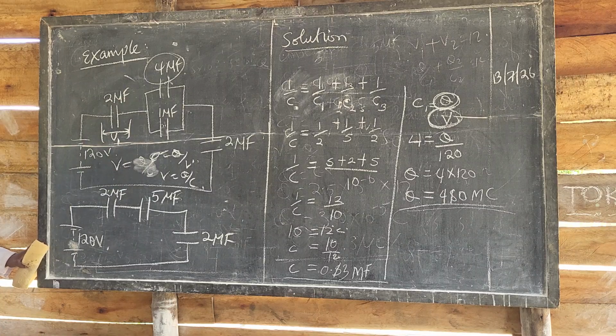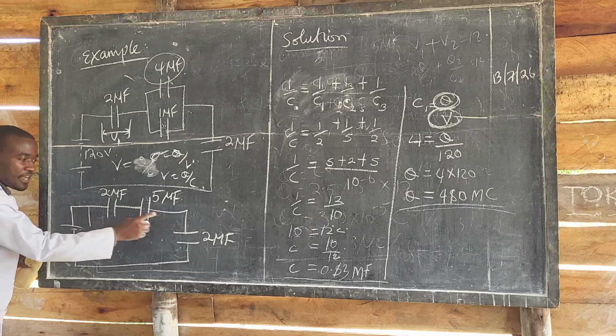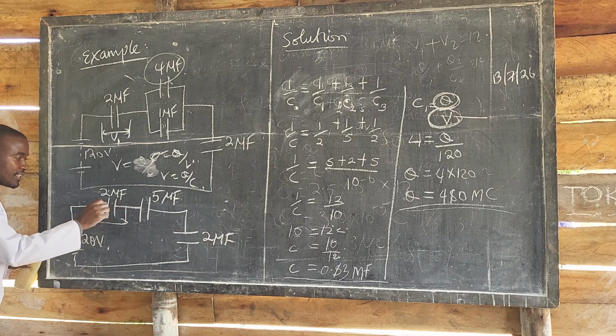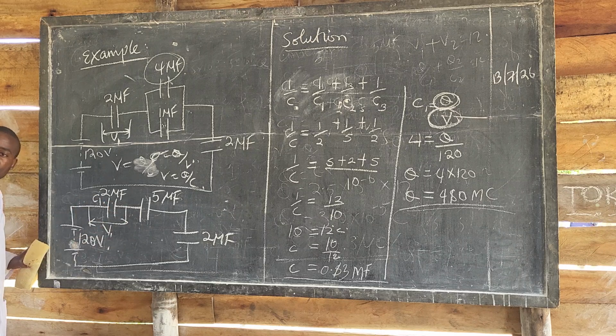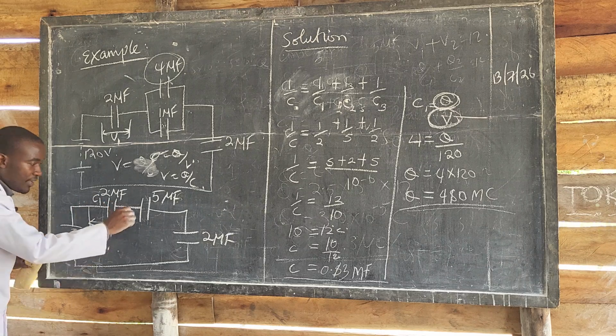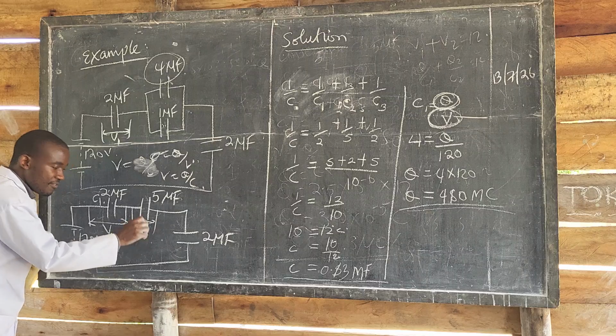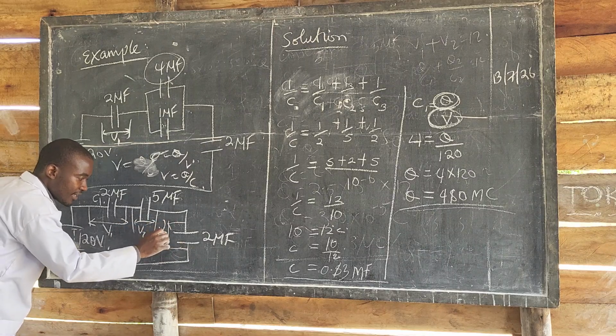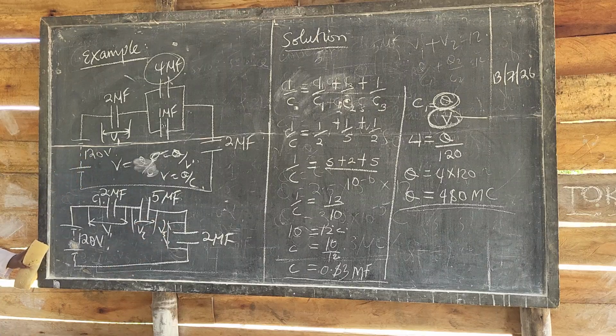Because these 3 are in what form of arrangement? So their PD is the same? Are you sure? No, the charge. So the PD here, if we call this C1, it will be V1, right? The PD here will be V2, and the PD here is going to be V3.